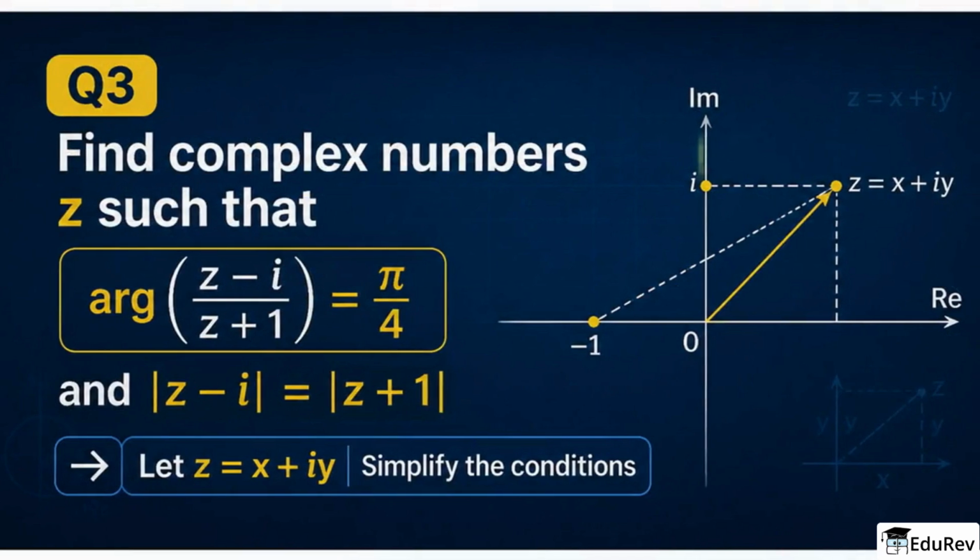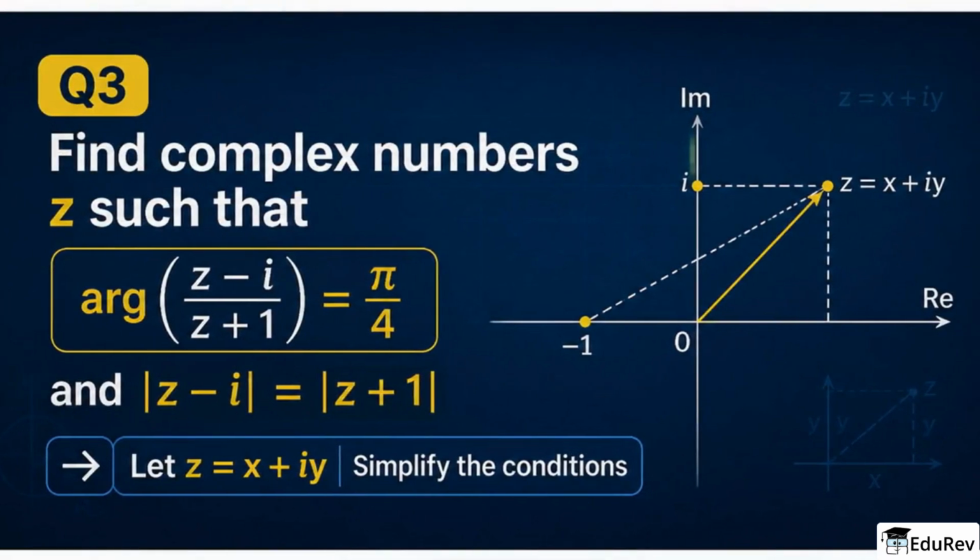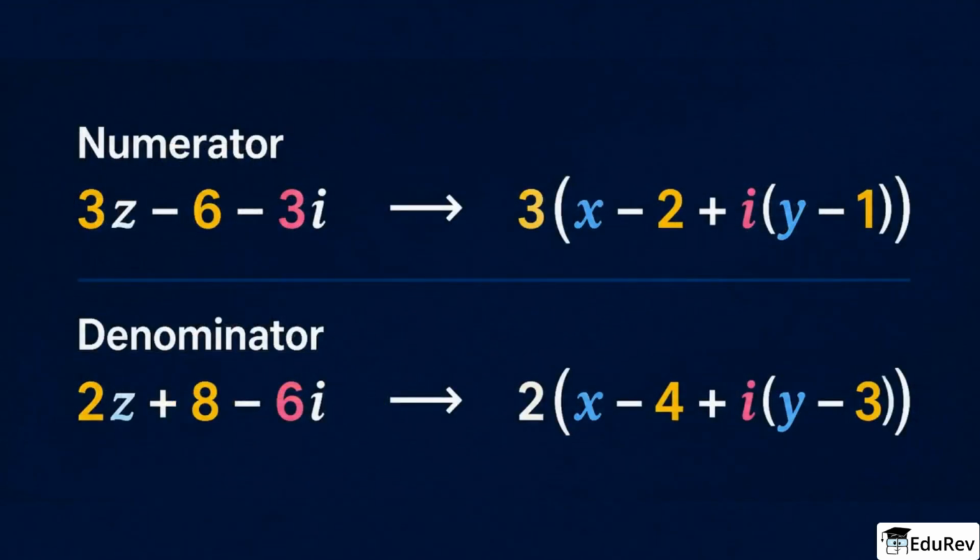Question number 3 asks for complex numbers z satisfying arg of the quotient equals pi divided by 4 and a modulus condition. We set z equals x plus iy and simplify. Rewrite numerator 3z minus 6 minus 3i as 3 times the quantity x minus 2 plus i times y minus 1 and denominator similarly as 2 times the quantity x minus 4 plus i times y minus 3.